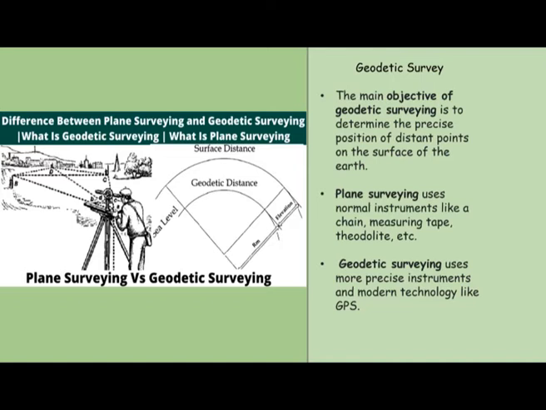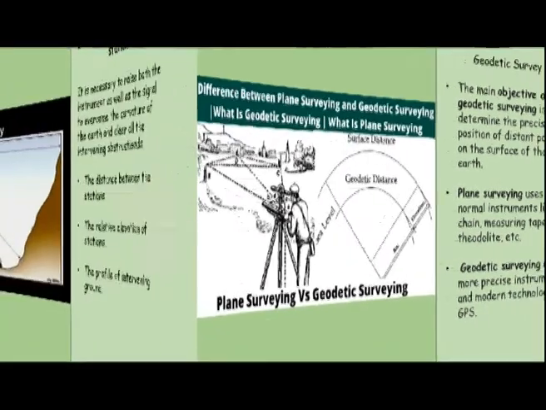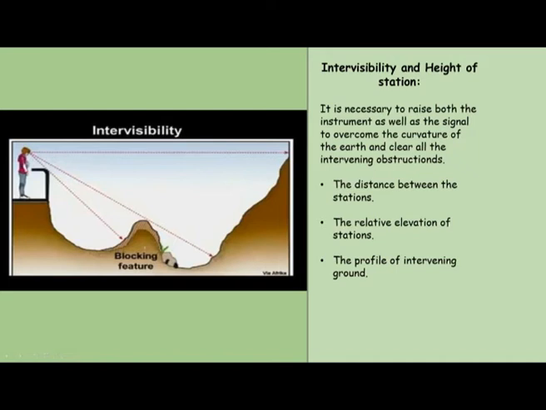Now, let's begin today's topic, which is intervisibility and height of station. Why is this term important in such surveys? Friends, it is very important to watch the object which we are studying or going to analyze.